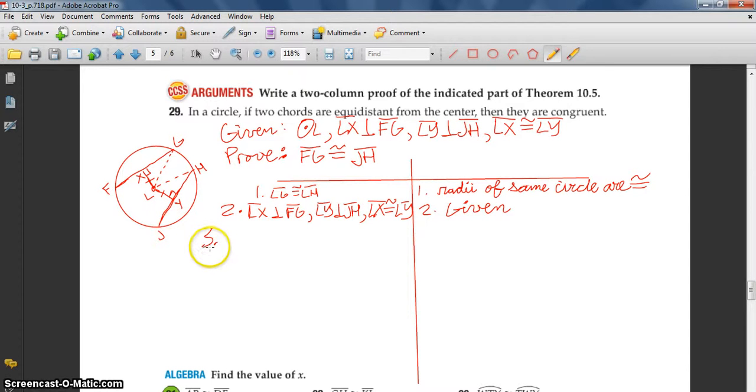So next, we can say that LXG and LYH are right angles by the definition of perpendicular lines. So if we know that our lines are perpendicular, then they're going to form right angles.